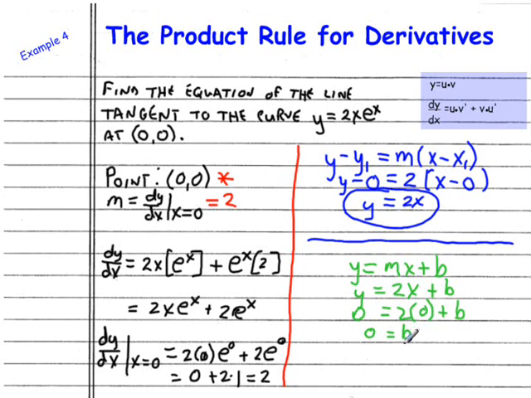And so this is required of us for this point to be on the line: b has to be 0. So we can put that value b into this position. And so our line then would read y is equal to 2x plus 0, or just y is equal to 2x. So we would have gotten the same result if we had used a little different form of finding the equation of the line.